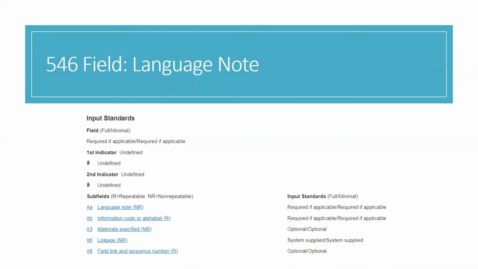So our next one is the 546 field, and this is the language note. This one is required if applicable. Both indicators are blank, and the possible subfields are A, B, 3, 6, and 8. This is textual information on the language or notation system used to convey the content of the described materials.